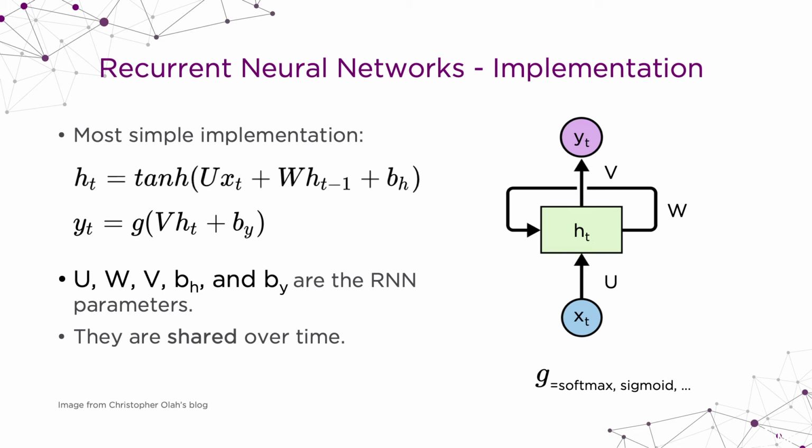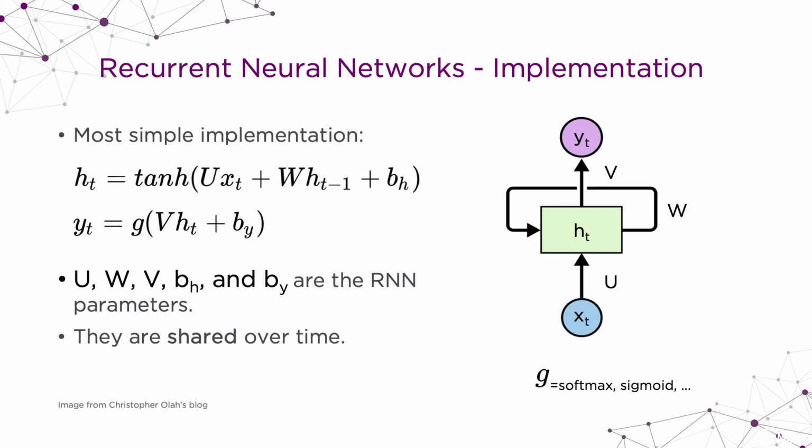The first and probably the most important operation that the RNN is doing is creating this updated internal state. That is h_t. And you see that h_t is just a function of x_t and the previous internal state, so h_{t-1}, which is exactly what you see here in this image.